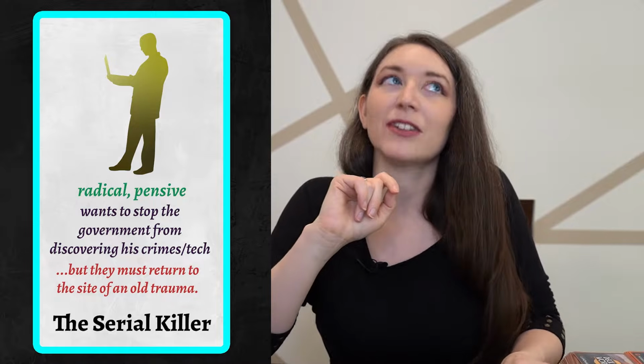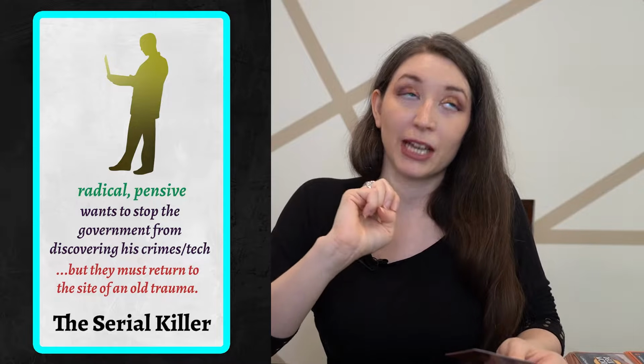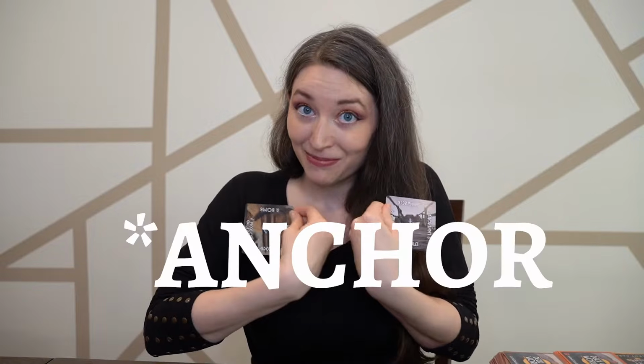The serial killer is on a mission to stop the government from using or discovering the phasing technology, or from having the phasing technology fall into the wrong hands. But to do that, the serial killer must go back to some traumatic place. And actually, we drew these other aspect cards, right?